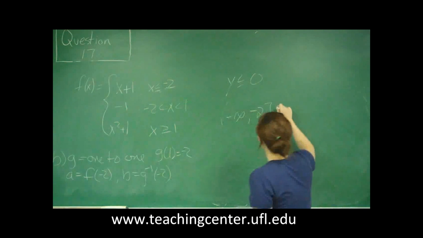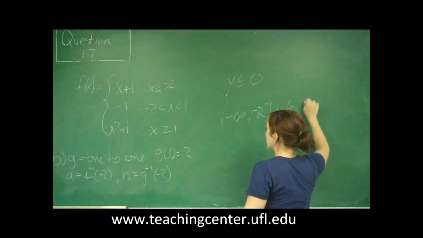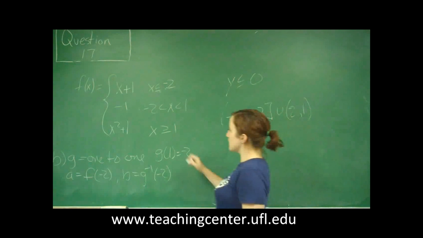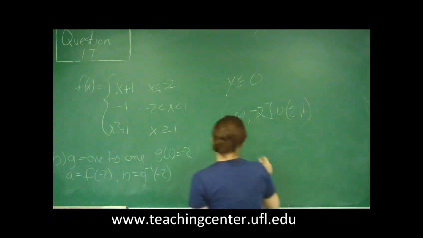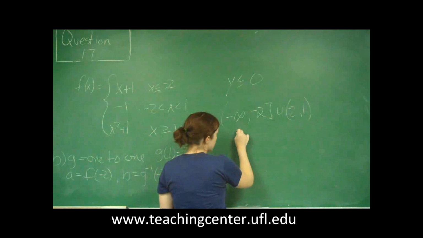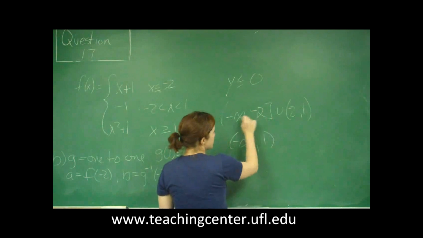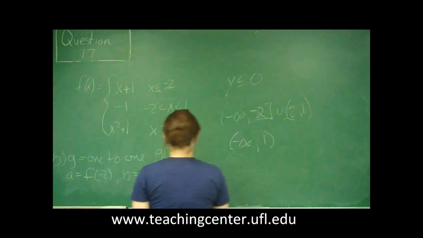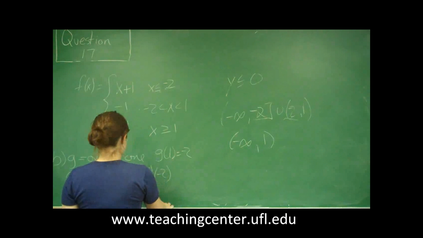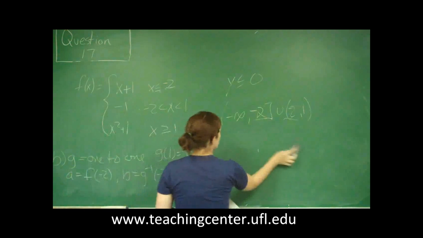So I'm going to put a union with negative 2 to 1 in parentheses. And then after 1, all of my values will be positive. So my actual range for that is going to be from negative infinity to 1. And I broke it up like this, but I'm including negative 2 here and not there, so I can just combine it as 1. So the first part of that question is from negative infinity to 1.